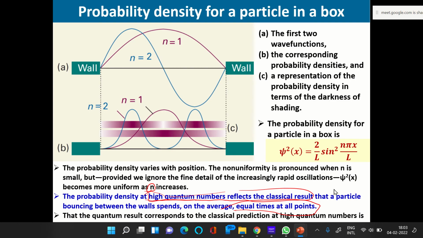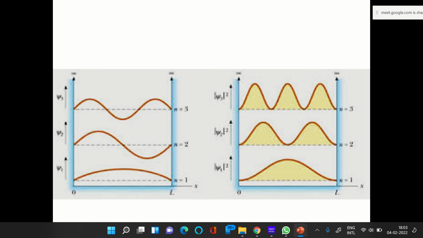this is the power, yeah, equal probability at all points. So you can see here, this is the wave function psi1, and this is the psi1 square. This is psi2, and this is the psi2 square. Psi3 and psi3 square. So you can see what is happening.